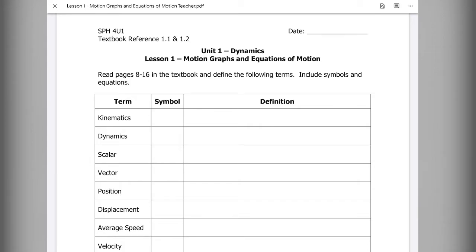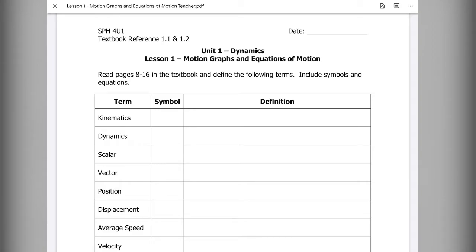Today is the first lesson for Unit 1, and at this point there is an assumption that you already have downloaded your lessons from the PDF file from Google Classroom, and it depends on where you're at in terms of understanding how to use Kami.